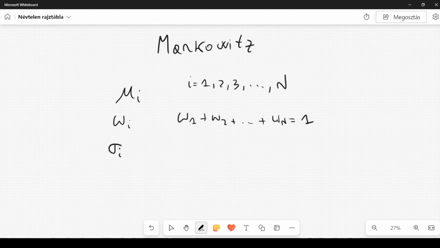Then we have sigma_ij, which you can think of as a matrix because you have two indices. This is the covariance between the two assets i and j. So there is some kind of relation between the ith asset and the jth asset, which is described by this covariance matrix object.